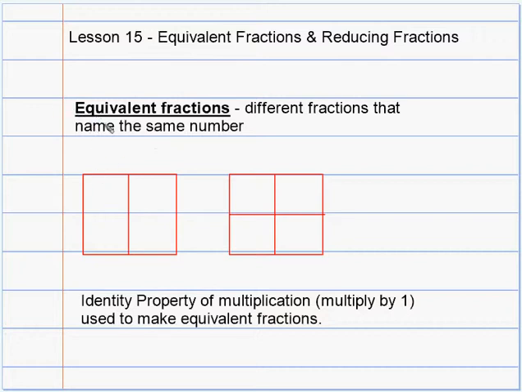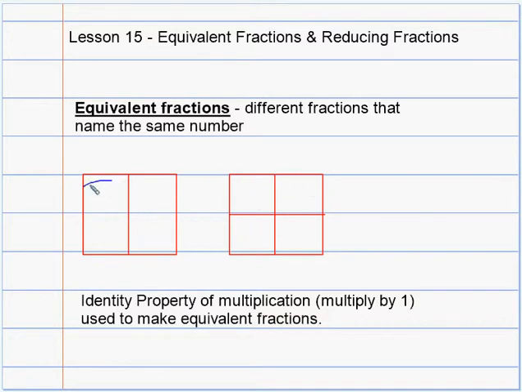So equivalent fractions are different fractions that name the same number. Okay, so here's an example. I have one shape here divided into two equal parts, and one shape of the same size divided into four equal parts.